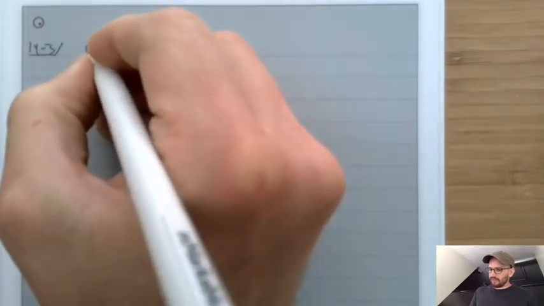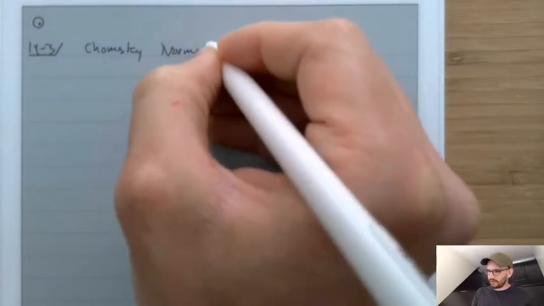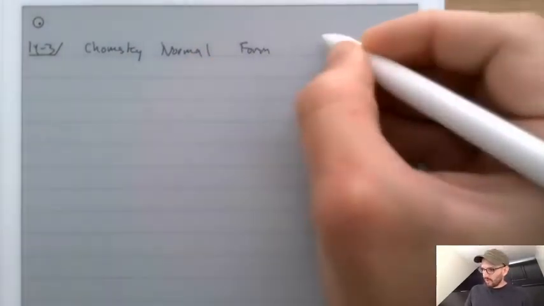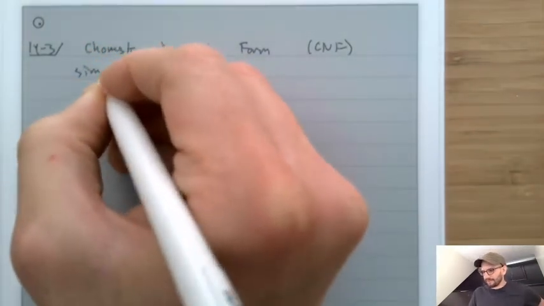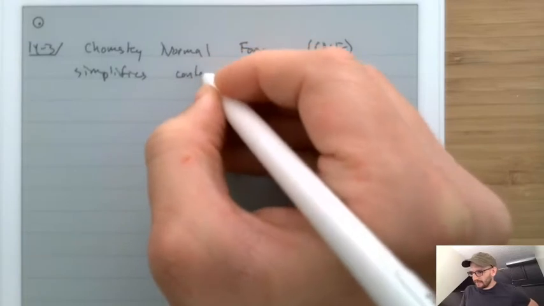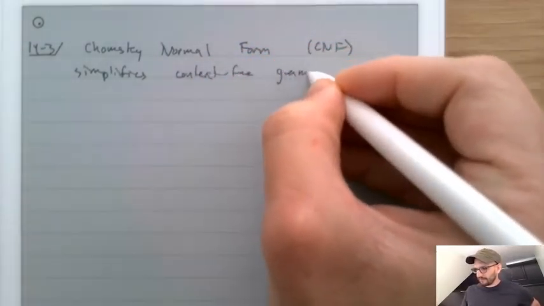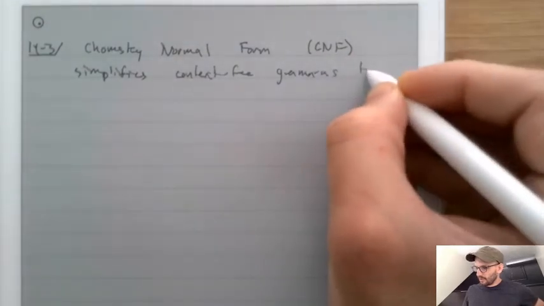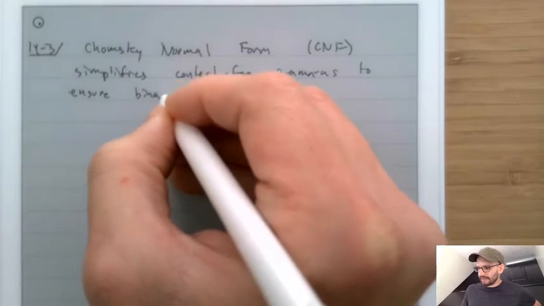So Chomsky normal form, or CNF, simplifies context-free grammars to ensure binary trees.